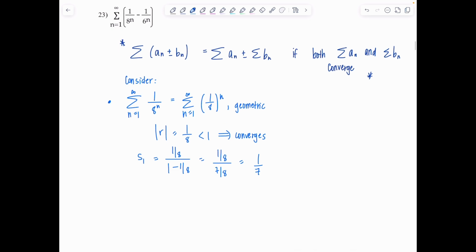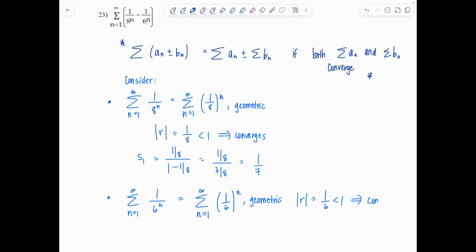Okay. Now let's consider separately, this is the first consideration. Second consideration, the sum n equals 1 to infinity of 1 over 6 to the n. Very similar setup. That's the sum of (1/6) to the n, geometric. Same thing, the absolute value of r is 1/6, which is less than 1.